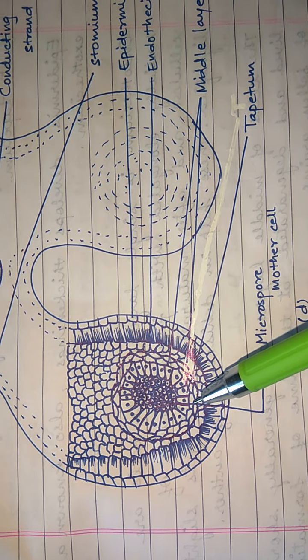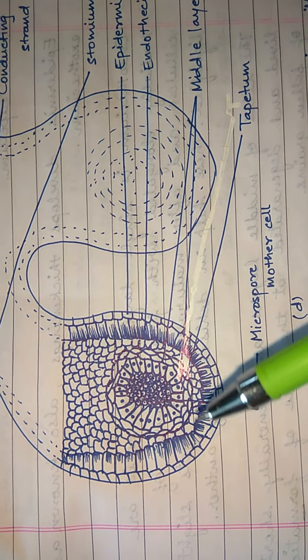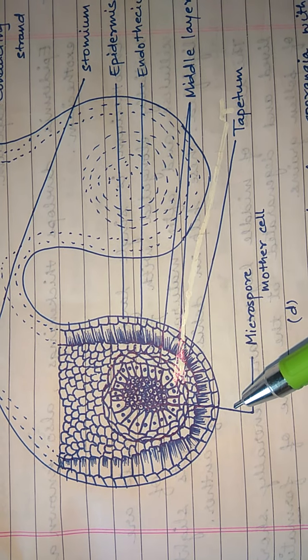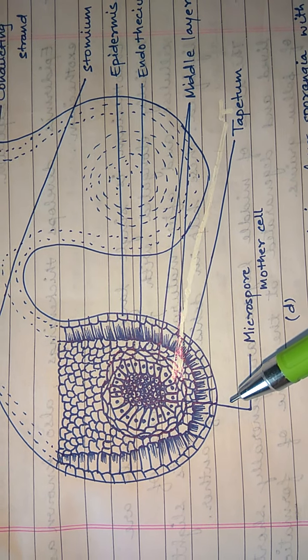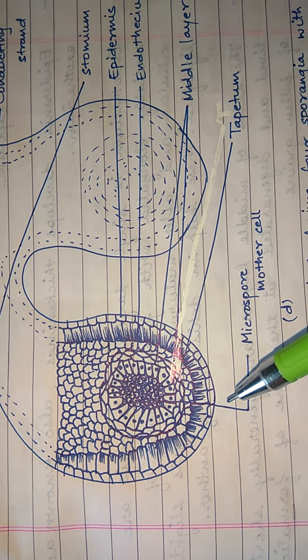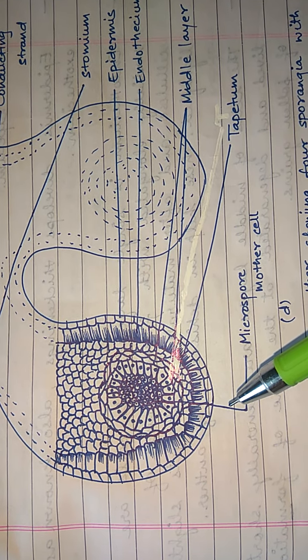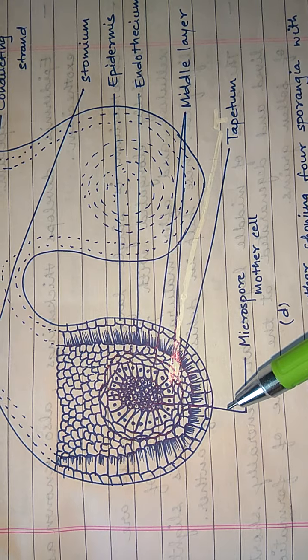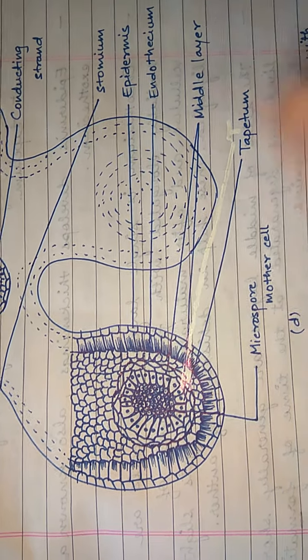Tapetum is the innermost nourishing layer of the anther wall. It is usually single layered and rich in reserve food material. It serves to provide food to the developing sporogenous tissues. They have dense cytoplasm and nuclei.